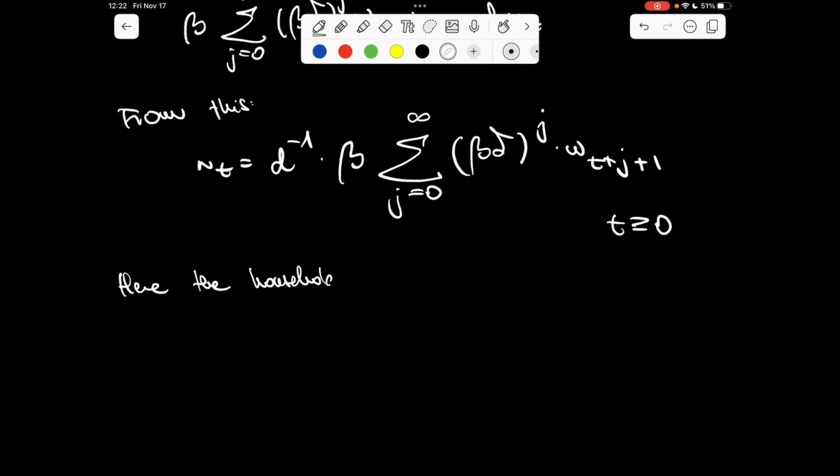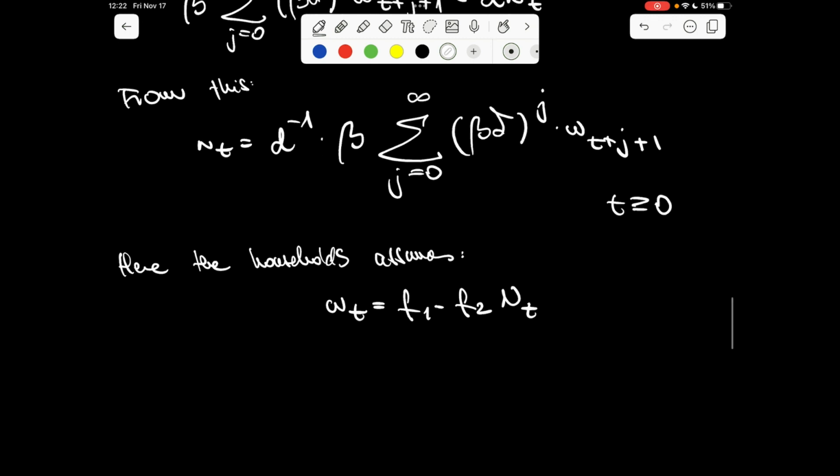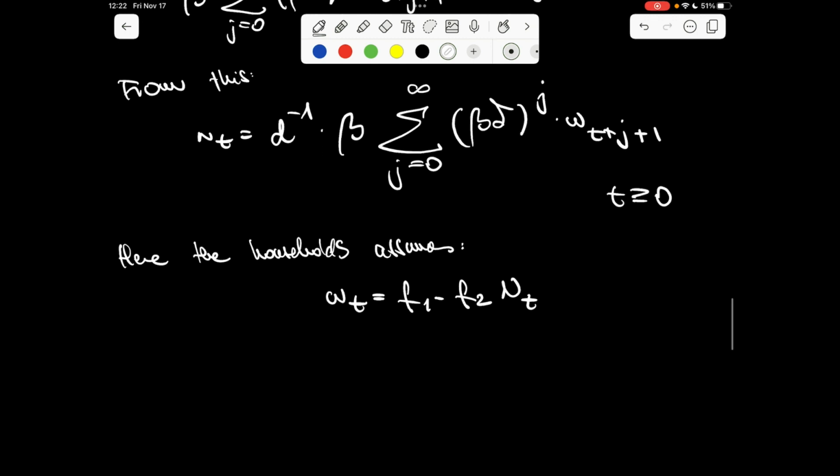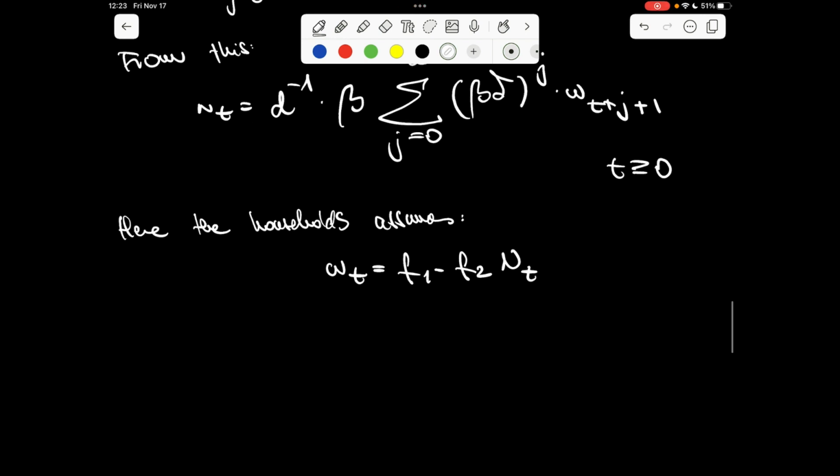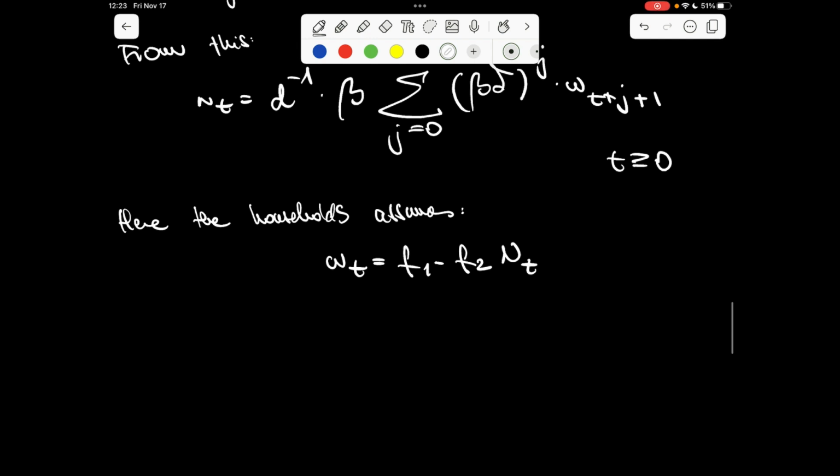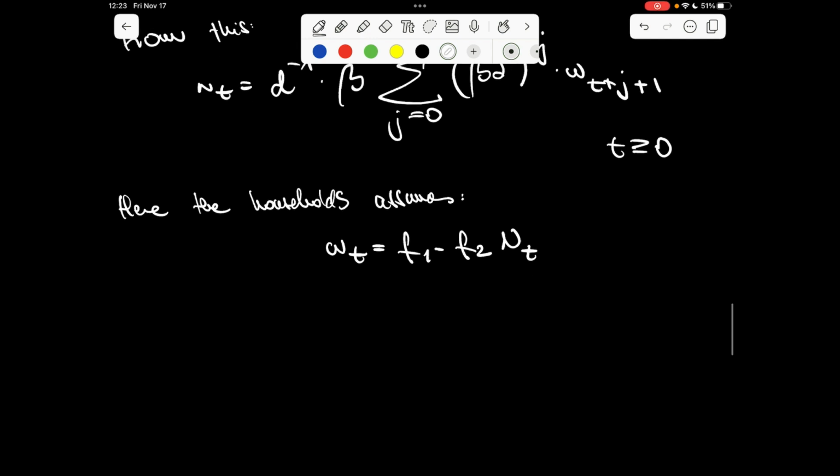All right, the household assumes that this equation works. So this is the equation that describes wage dynamics as a function of the dynamics of the labor force. And you may realize that this function comes from the first order condition of the firm.